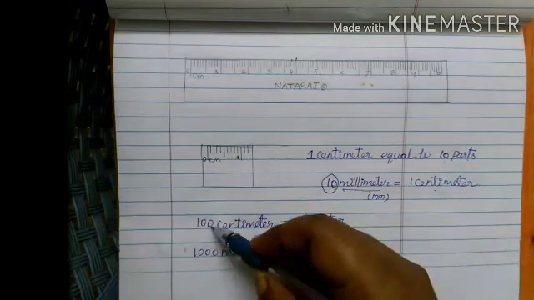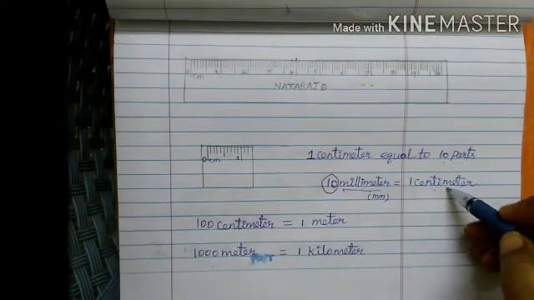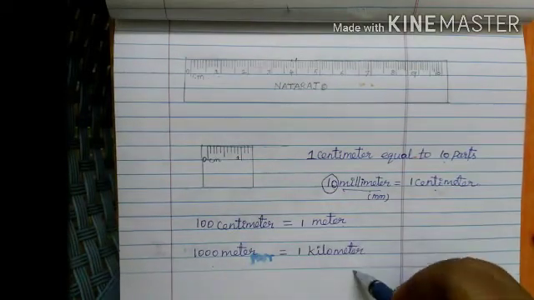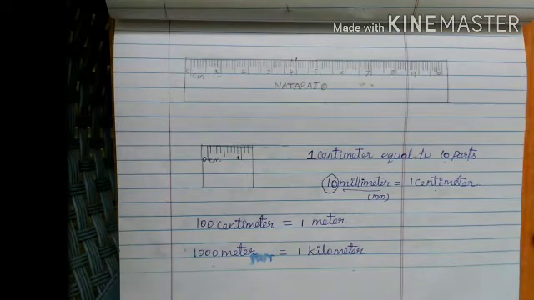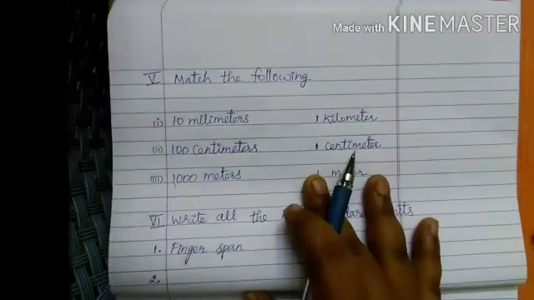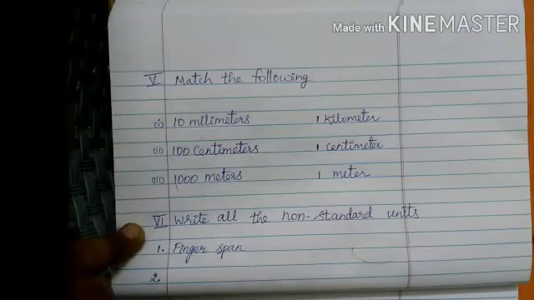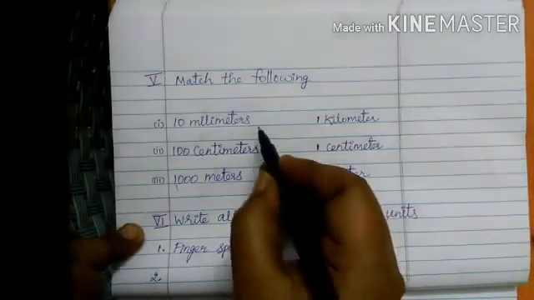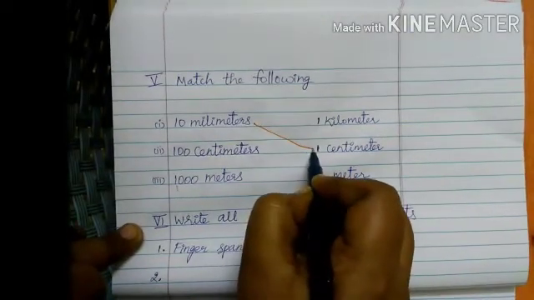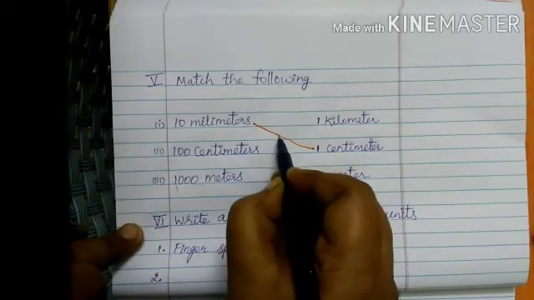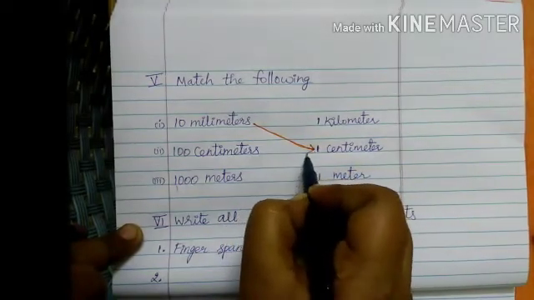10, 100, 1000. Here centimeter, meter, kilometer. So smaller only millimeter. Then next centimeter, meter, kilometer. This one you use to help with match the following. 10 millimeter equals, millimeter is changed first to centimeter.